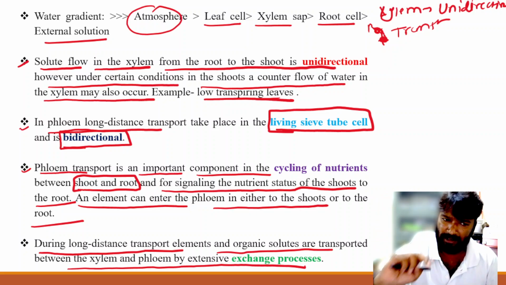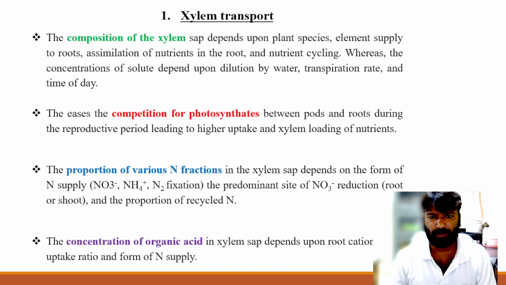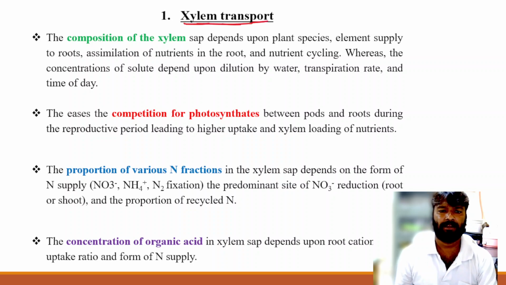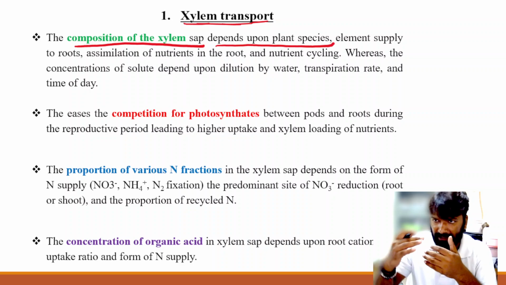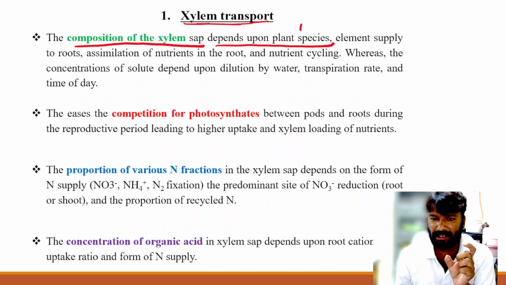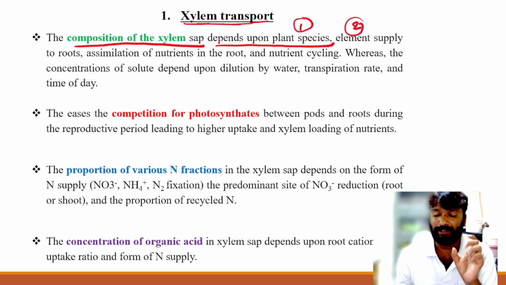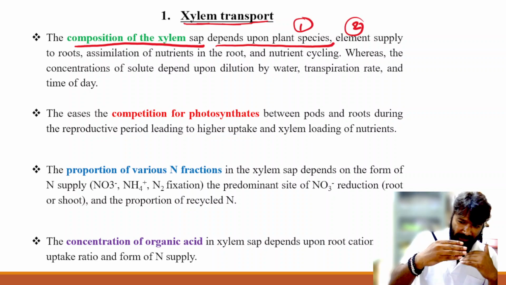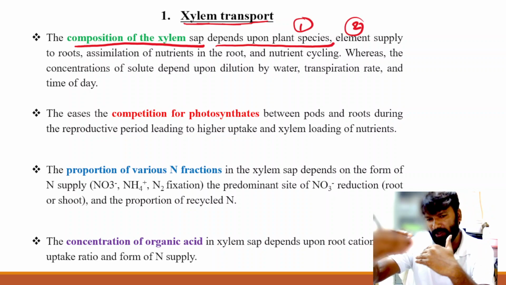Now come to the first point, that is known as xylem transport. The composition of the xylem sap depends upon the plant species. So these are the factors which affect the composition of the xylem sap. What is the first factor? Plant species. Second, elements supplied to the roots, meaning which elements are present in the soil and supplied to the roots.